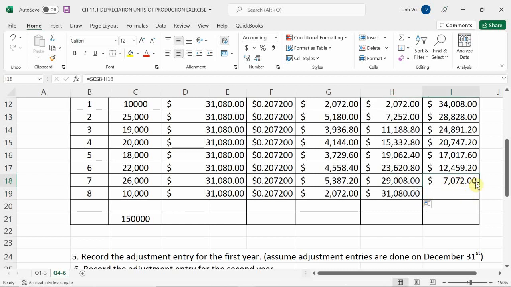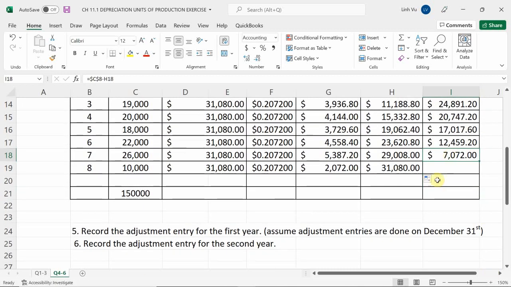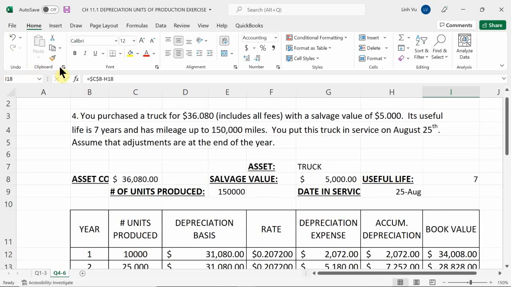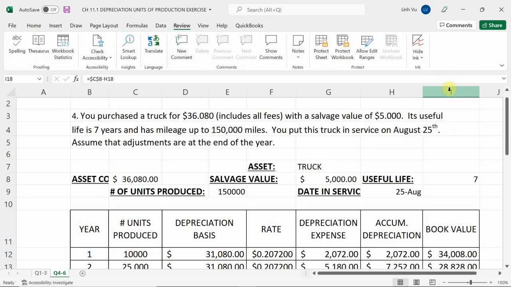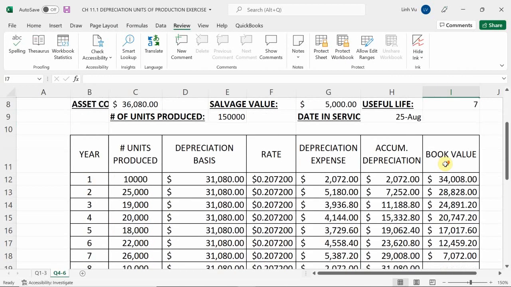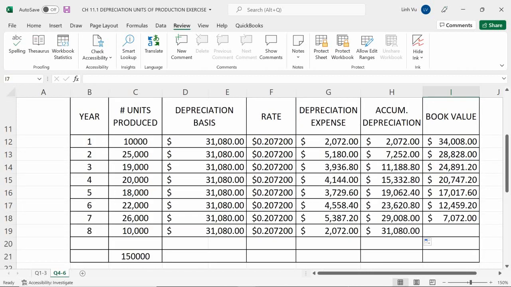Okay, giving me a grand total book value to be... I don't know how I forgot that stuff again. Okay. So it's your asset cost of 36,080 minus your accumulated depreciation. Minus 31,080.